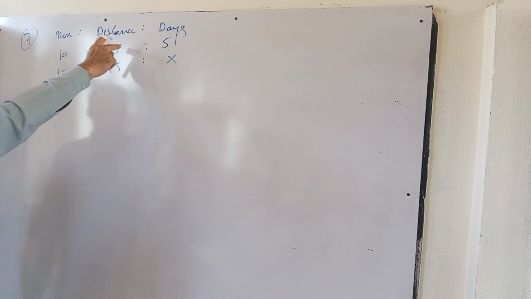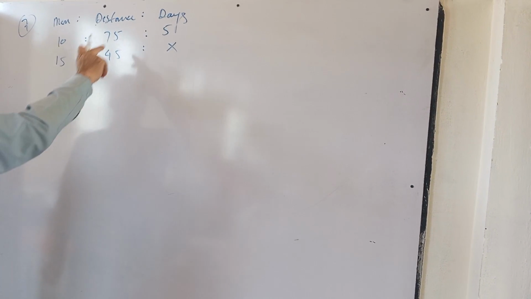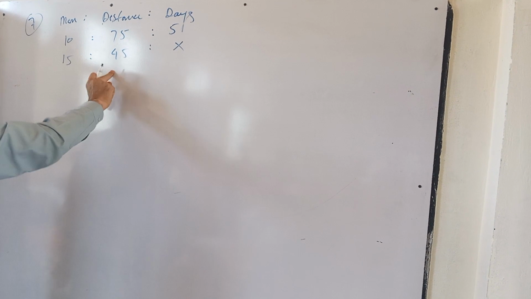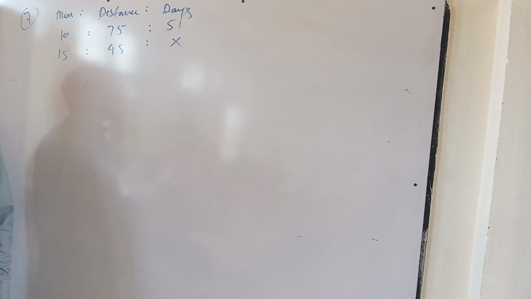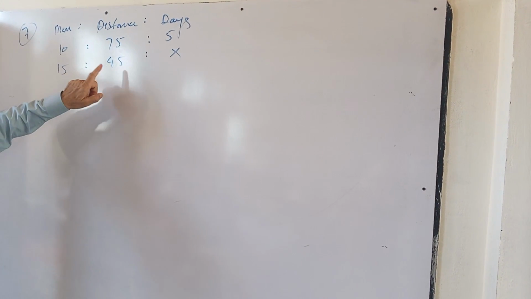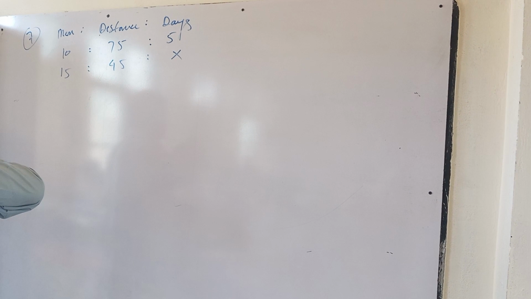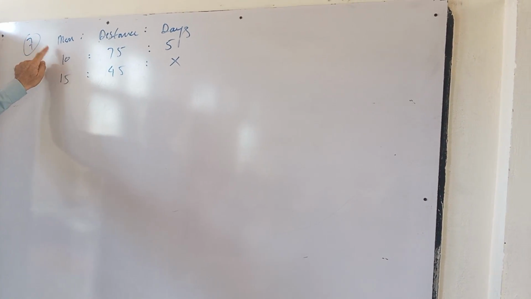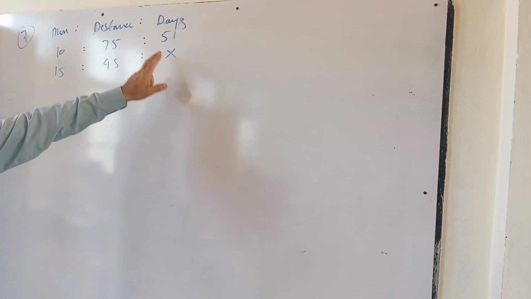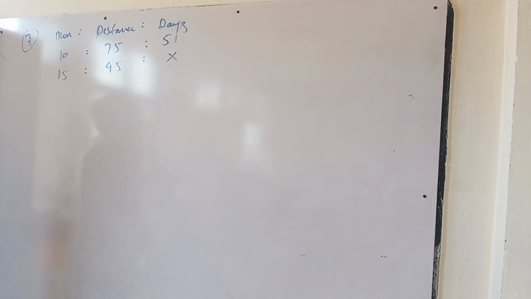Now if we see the distance, here the distance is 75 kilometers and the days are 5. If the distance is decreased, the days will also be decreased. So between these quantities there exists a direct variation, and quantity 1 and quantity 3 have inverse variation.